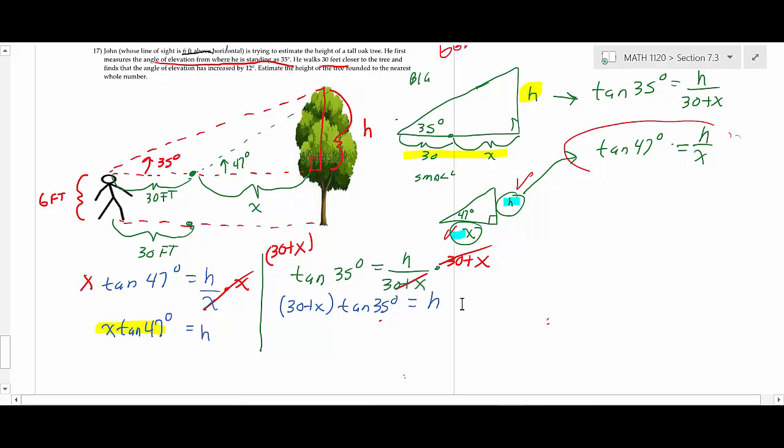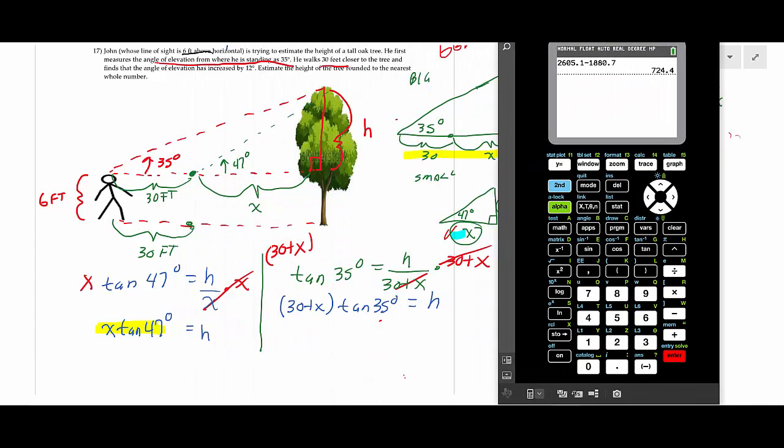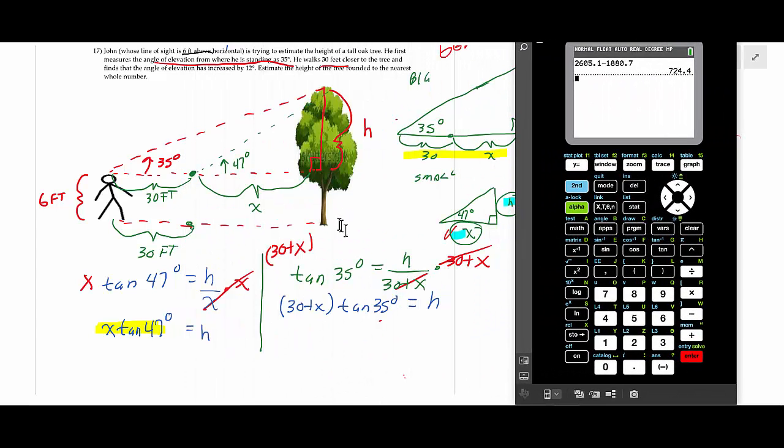Okay, now this is just my decision on how to do this. The reason I'm doing it this way is now you can set these two equations equal to each other. If they're both equal to h, then this thing must be equal to that thing. Then you'll have an equation with one unknown that would allow you to find x. Now, to me, the best way to do this at this level is just go ahead and get our calculator, and let's just do the tangent of 47 and the tangent of 35.